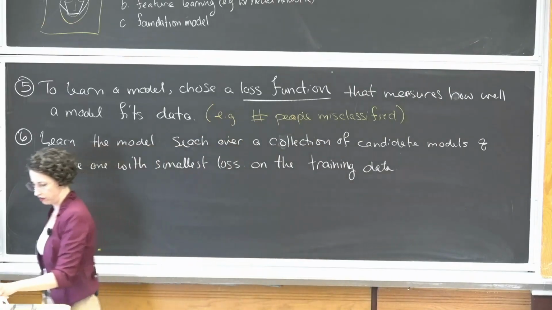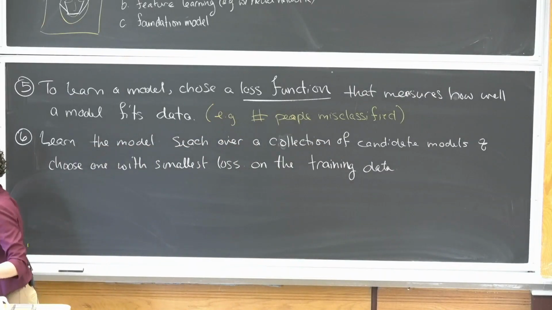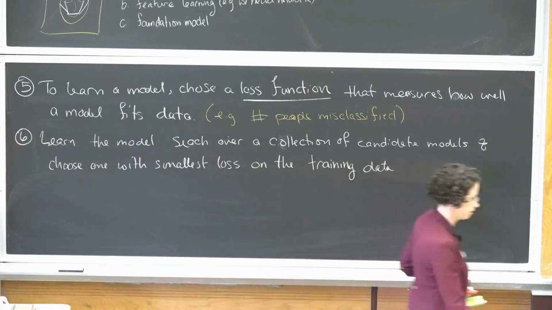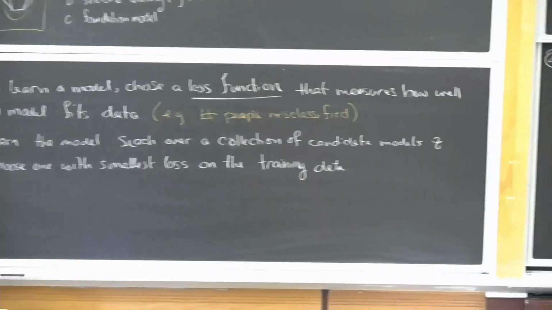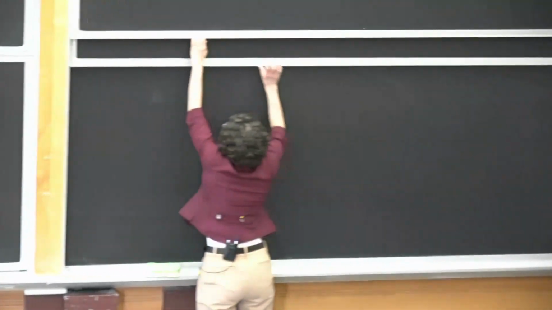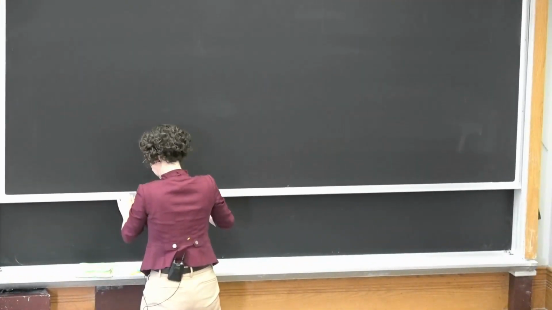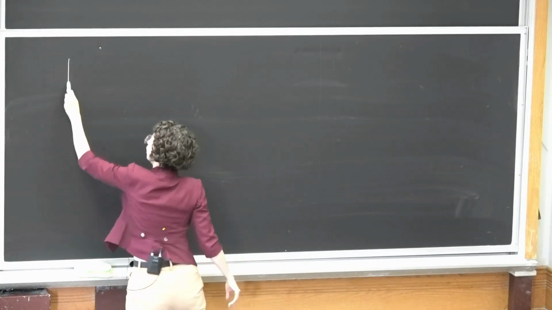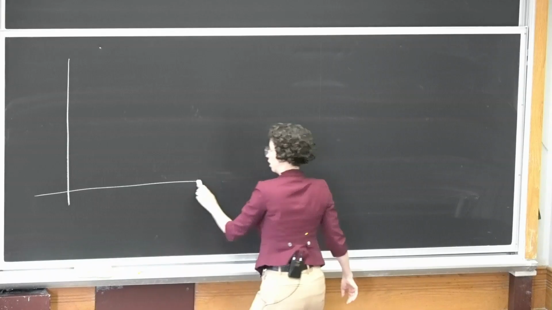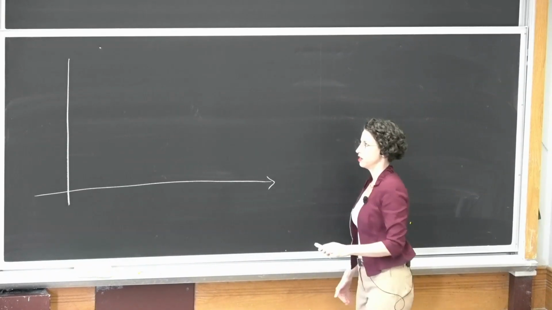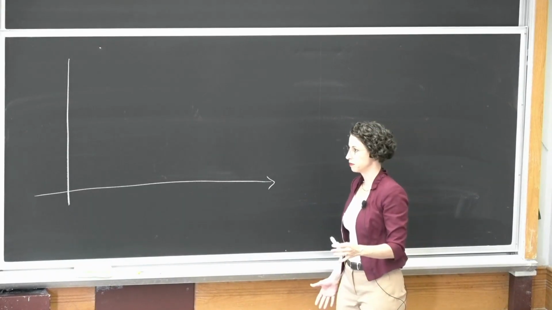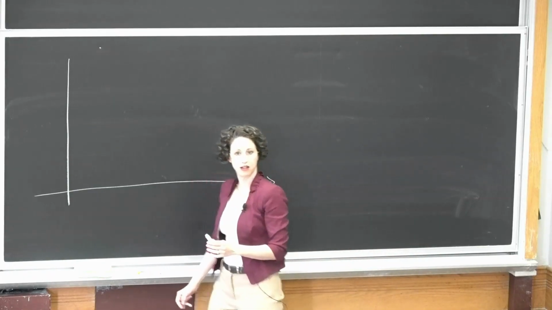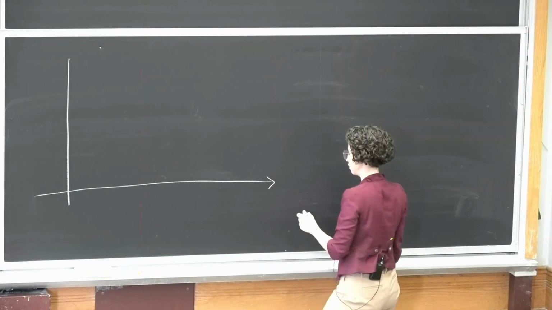Okay, so let's make all of this very concrete with an example here. So I'm going to imagine that I have training data that corresponds to a variety of different samples with 2 features each.